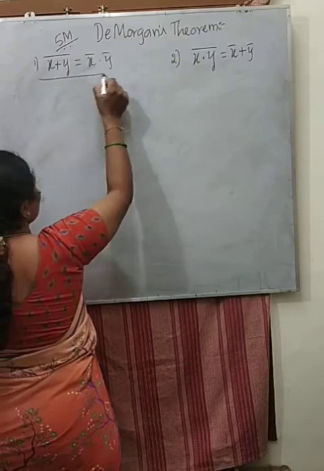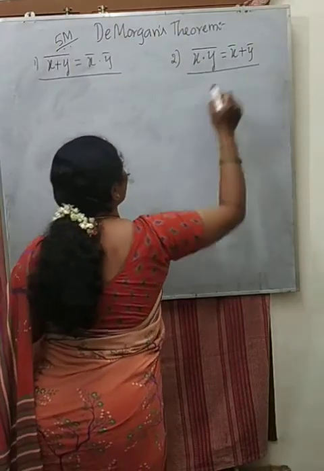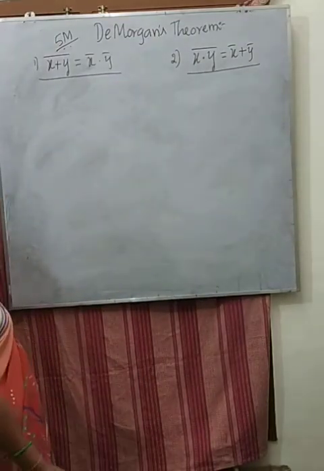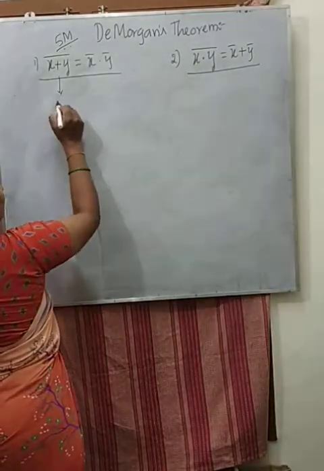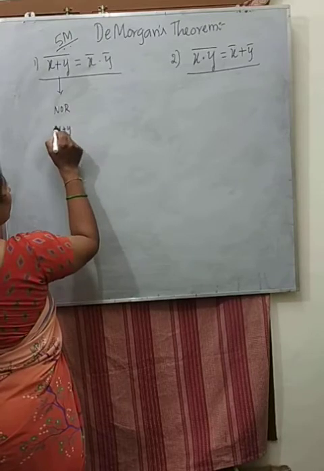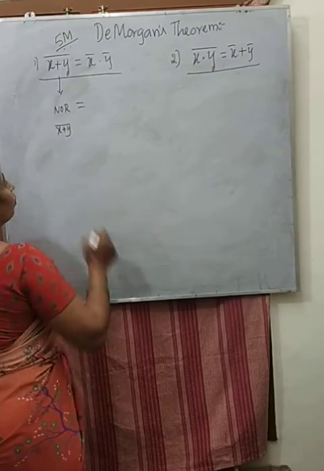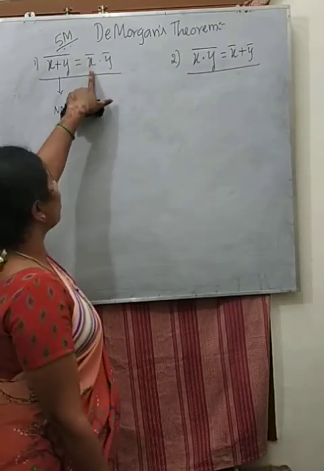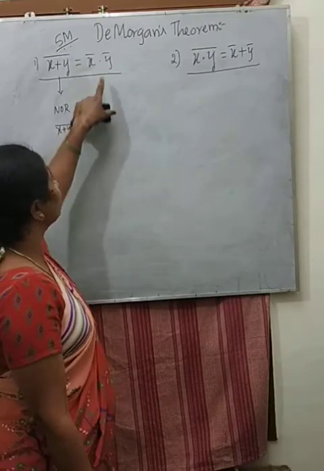This is the expression of the theorem. What is the statement? It looks like your NOR output. (x plus y) whole bar is equal to the product of the individual complements of the 2 variables.